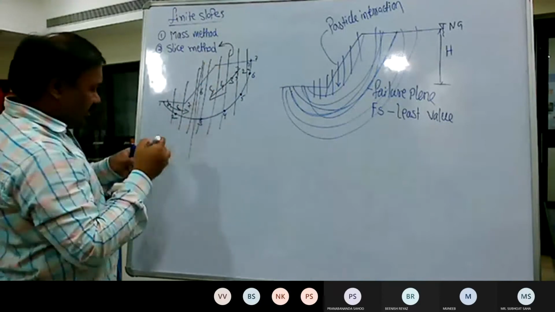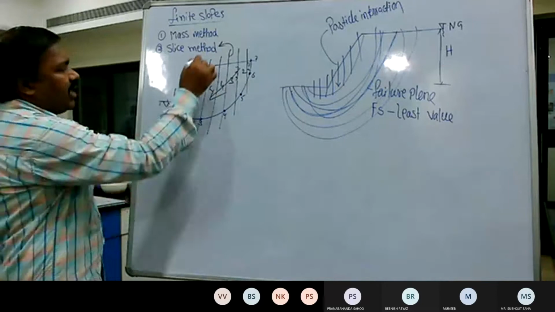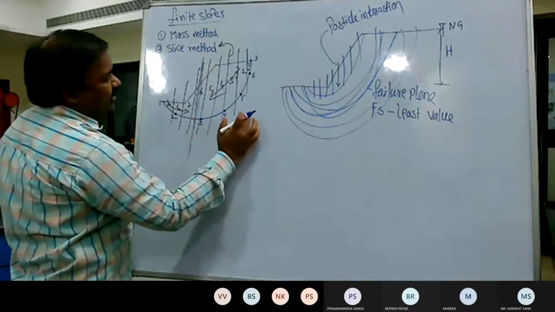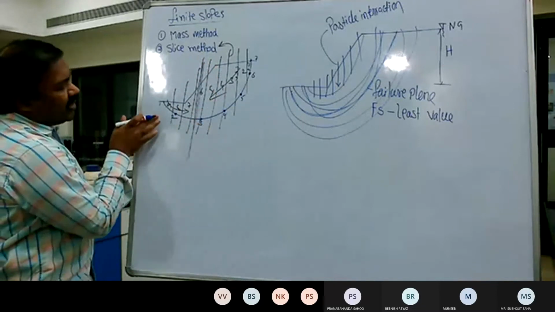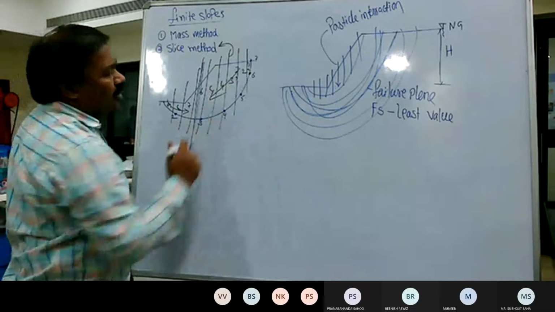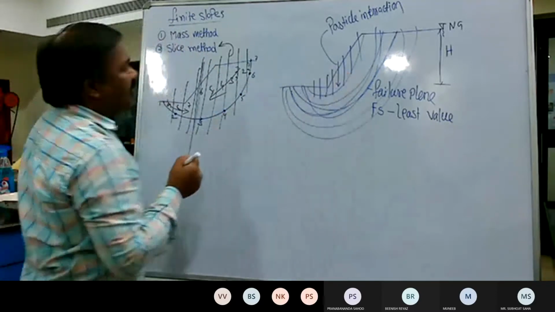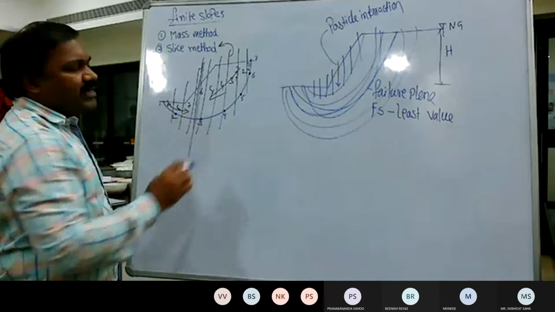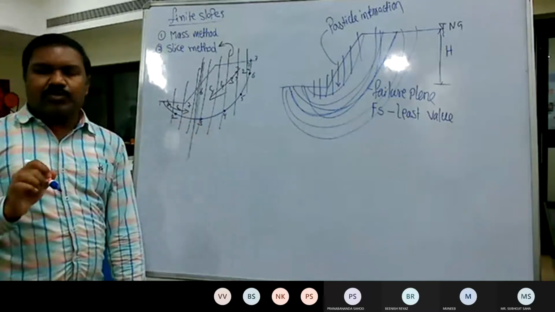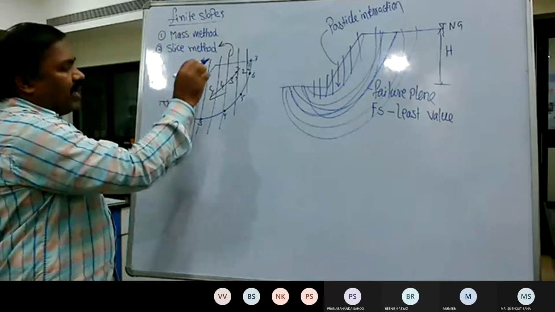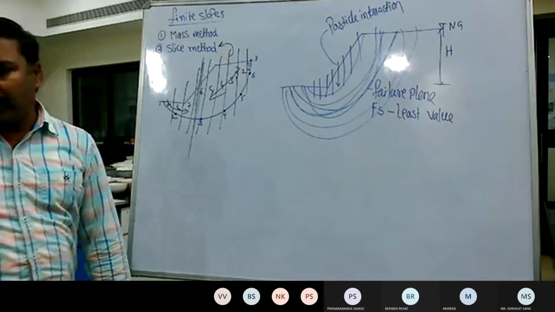If I draw one vertical line, the right side tries to move downward while the left side resists the downward movement. The mass method equation won't consider any such effect, which is possible only when you divide the entire area into many slices.